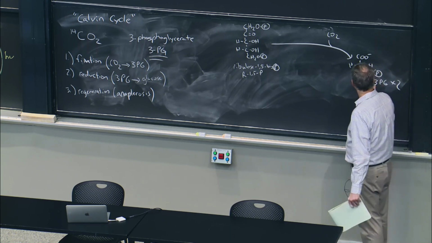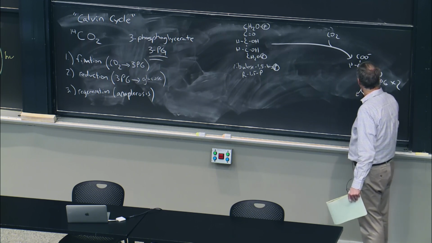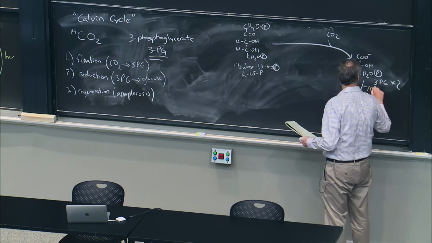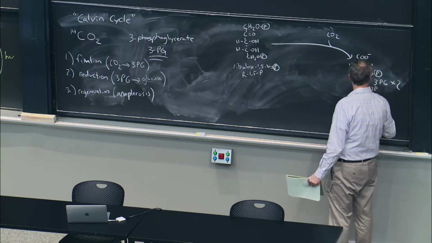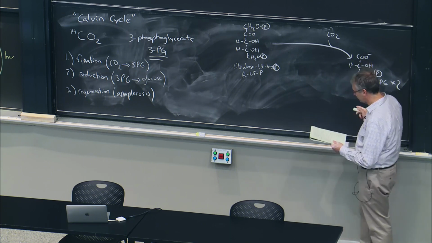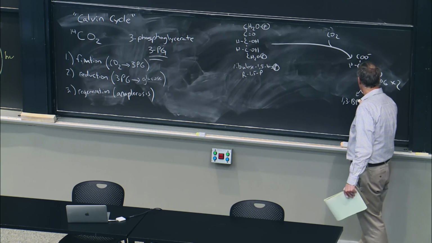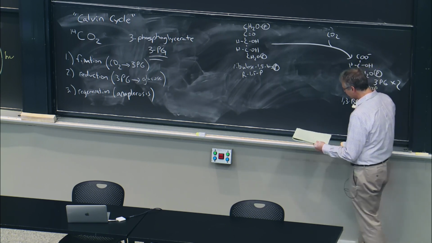Once you have that 3-phosphoglycerate, I can now use ATP to phosphorylate that 3-phosphoglycerate. That'll give me 1,3-bisphosphoglycerate, okay?